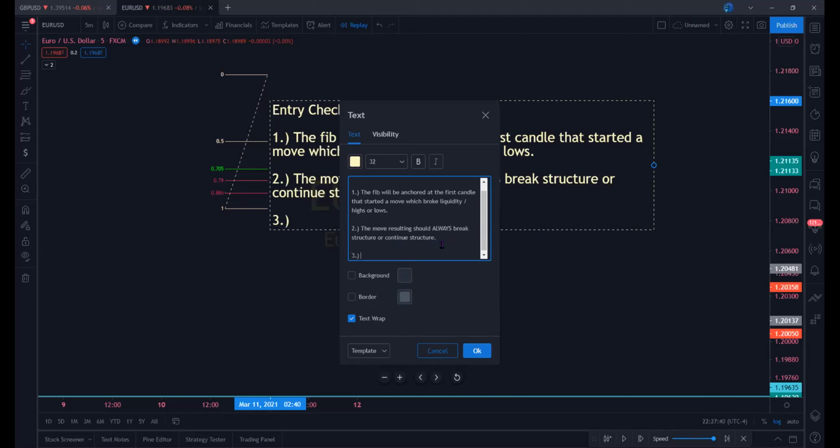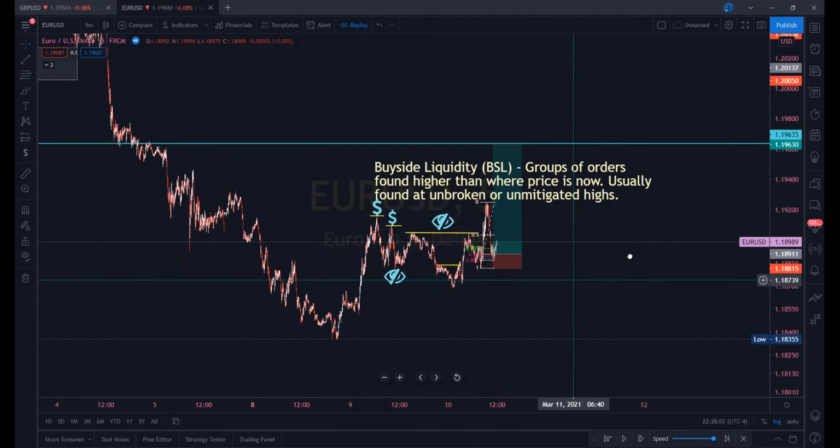So first, the fib is going to be anchored on the first candle, which is the origin, right? Second, the move should always break the highs, right? And third, you should use something called direct displacement, right? So use displacement. Essentially, what using displacement means is this right here.